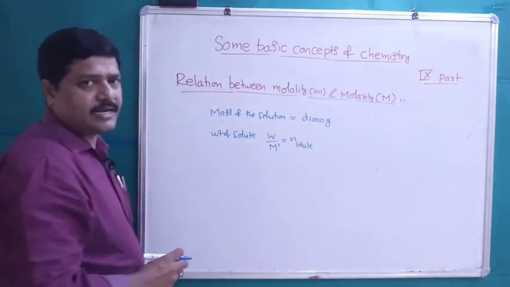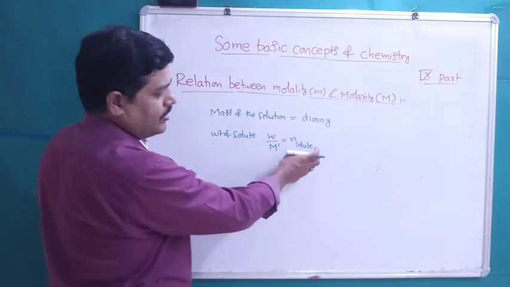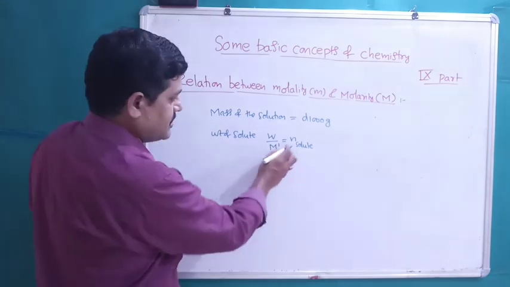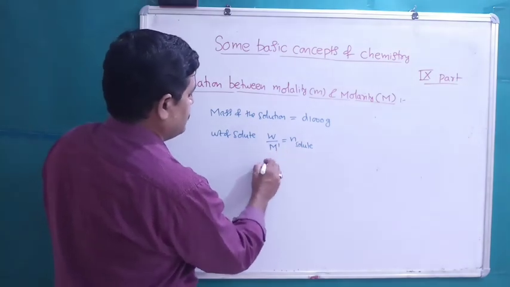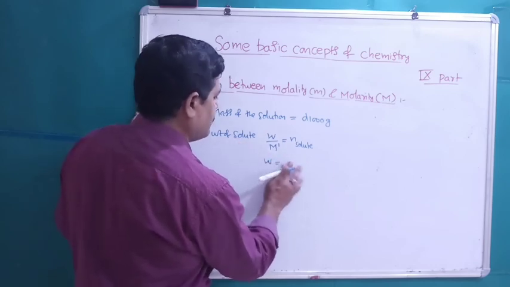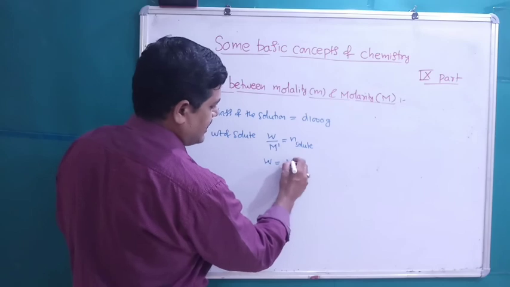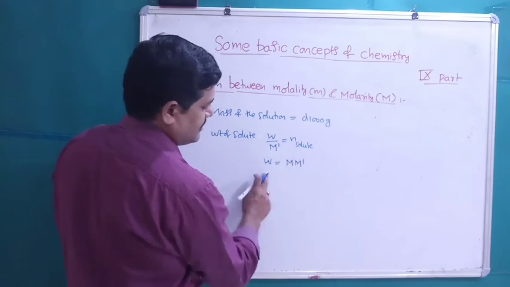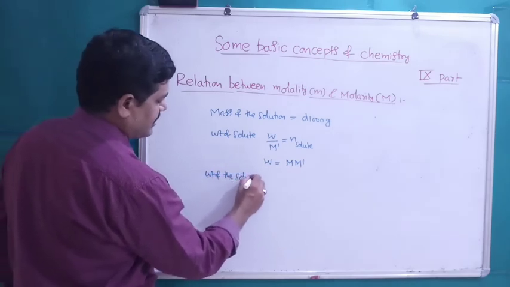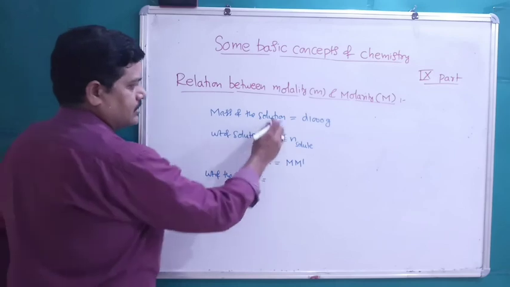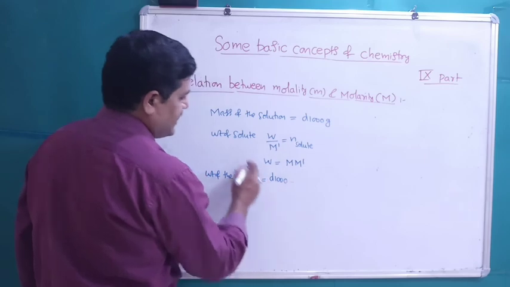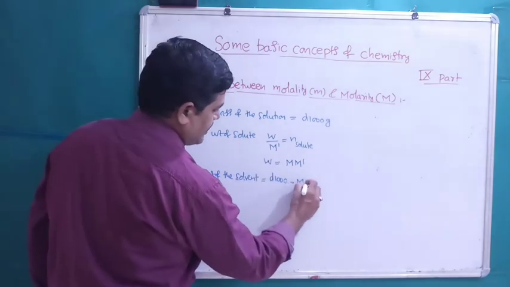So when the molarity is capital M, then capital M moles of the solute is present in 1 liter of the solution. So from this, the weight of the solute is W, equal to number of moles times molecular weight, that is capital M into M dash. So the weight of the solvent in grams we will get as the weight of the solution, D into 1000, minus the weight of the solute, that is M M dash.